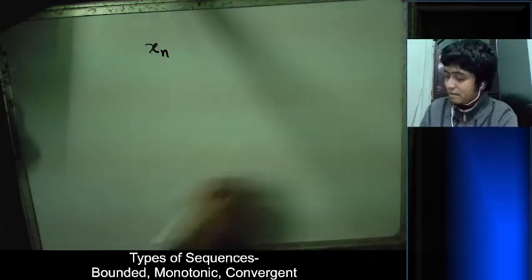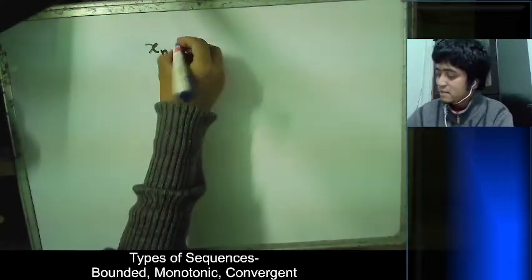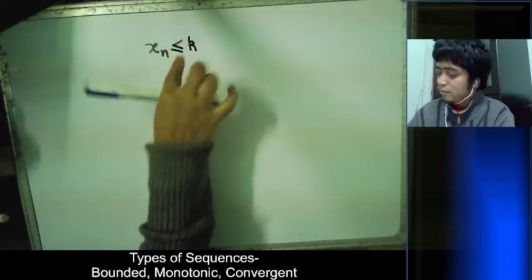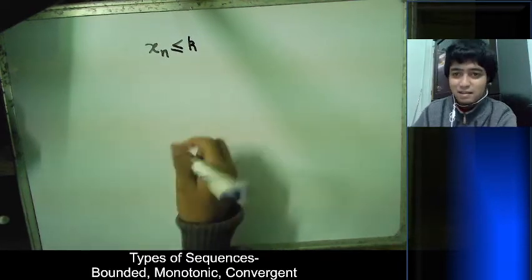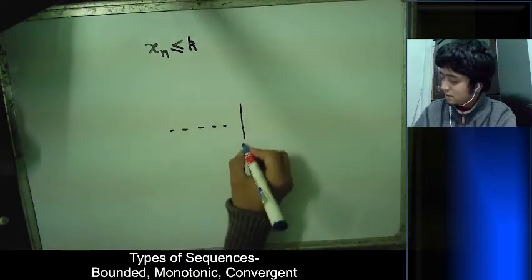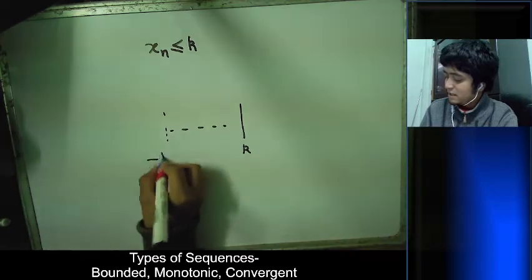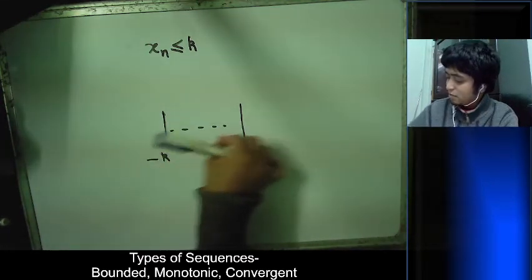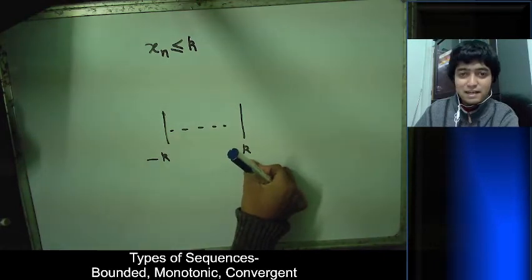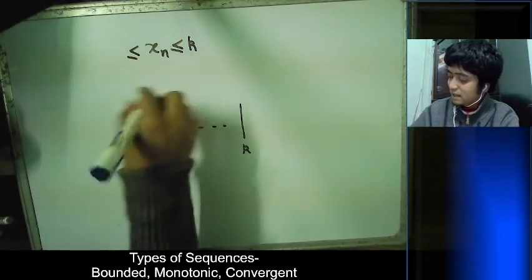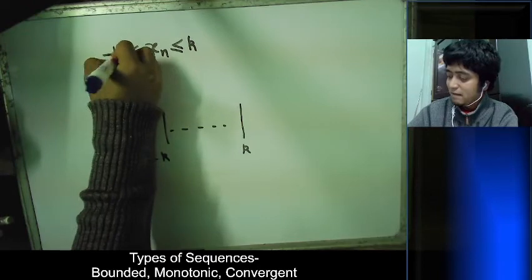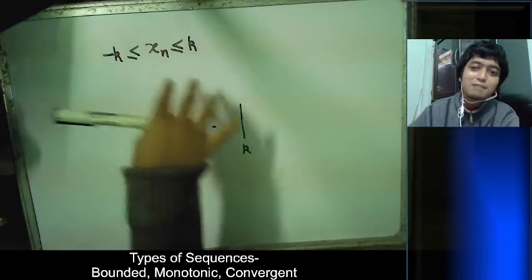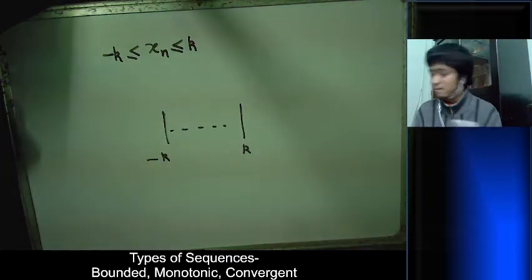You see over there that the terms of the sequence lie in between. They are smaller than k, because of the k and minus k over here, and they are greater than minus k. If such a case happens, then we say that the sequence is bounded.